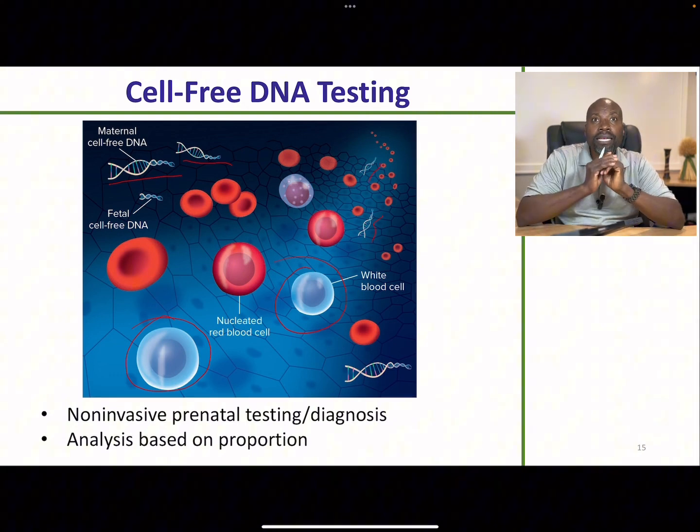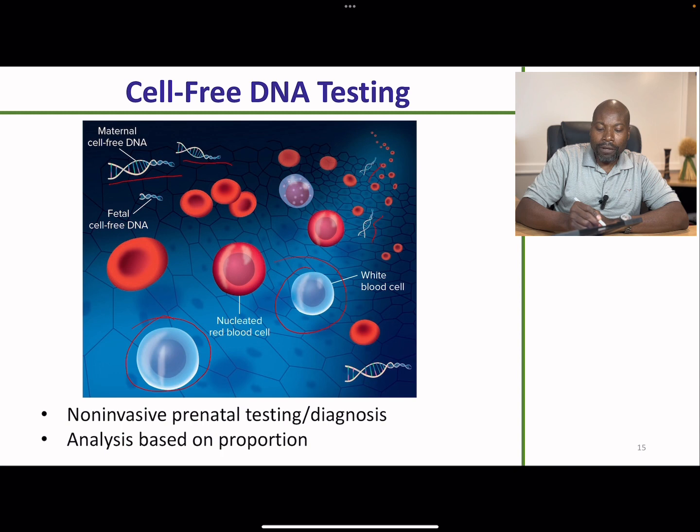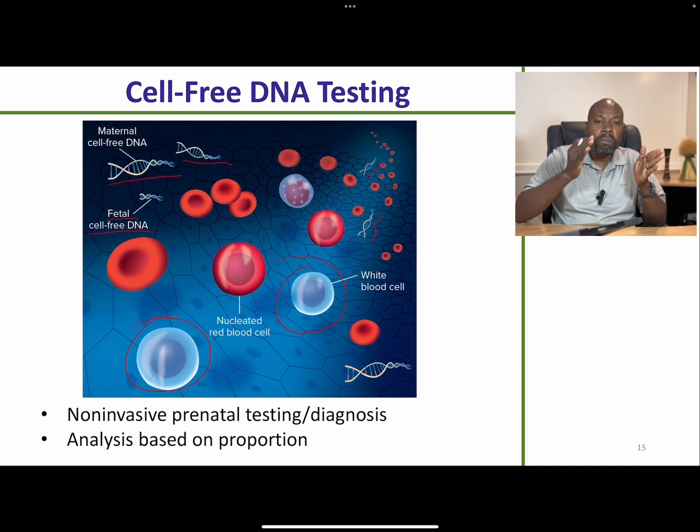This maternal DNA, in general, is going to be made up of long fragments of DNA. However, we notice that in the blood of mom, when she's pregnant, she's also going to have some fetal cell-free DNA. But the difference is that these DNA molecules are going to be much, much shorter compared to the maternal cell-free DNA. Okay?